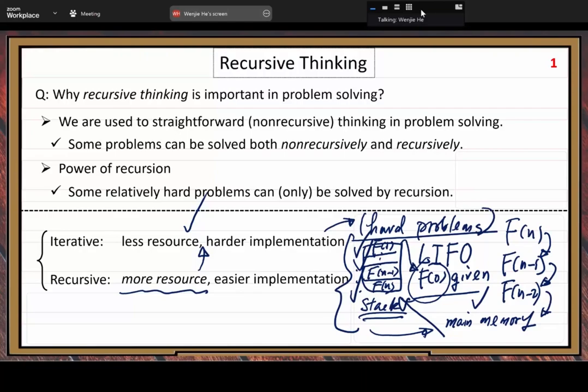But this iterative method, typically it's a loop. For loop, while loop, it's a loop. When we use a for loop or while loop to implement iterative algorithms, we do not use a stack.